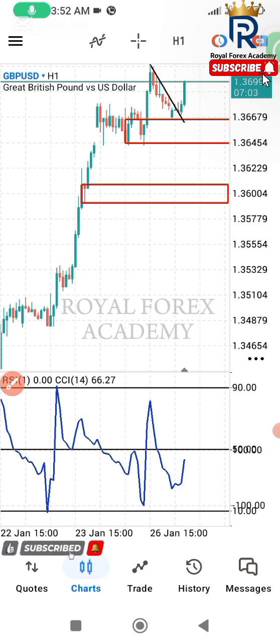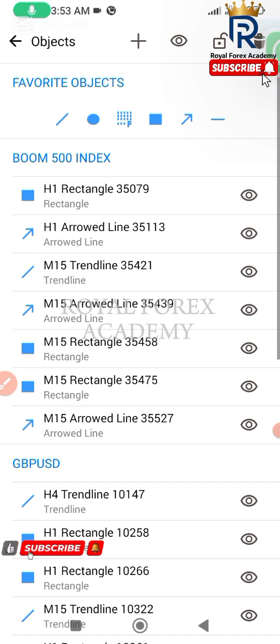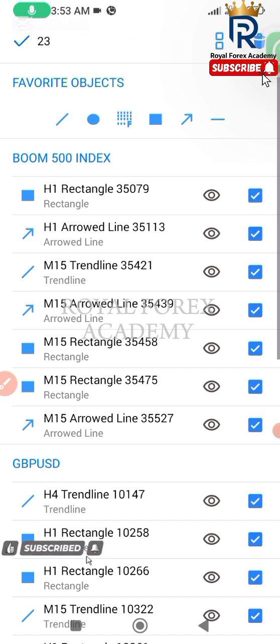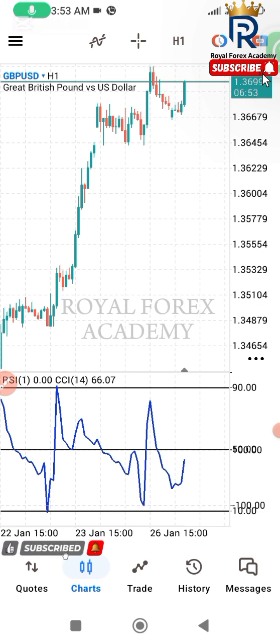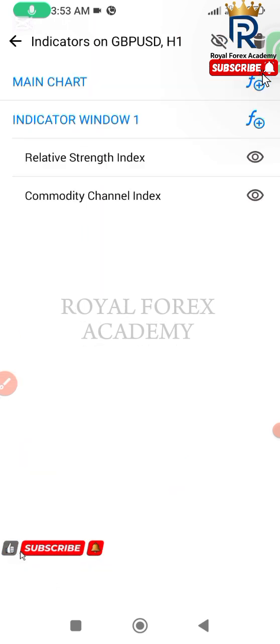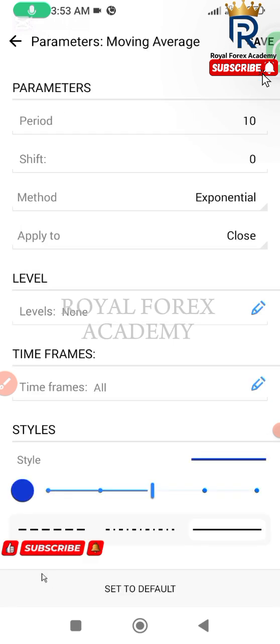So how do we handle such a scenario where price is trendy and it becomes difficult for us to identify this zone? We can simply do that by using our moving average. So we're adding a moving average, and the period is 20.